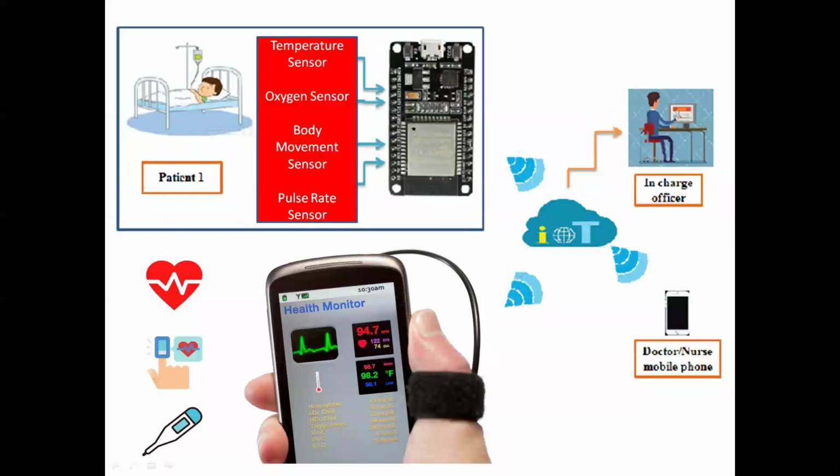For example, we are working on an Arduino board or Raspberry Pi, and with that board we have linked different sensors, such as a temperature sensor and an oxygen sensor, capturing data from the human body, from the patient.